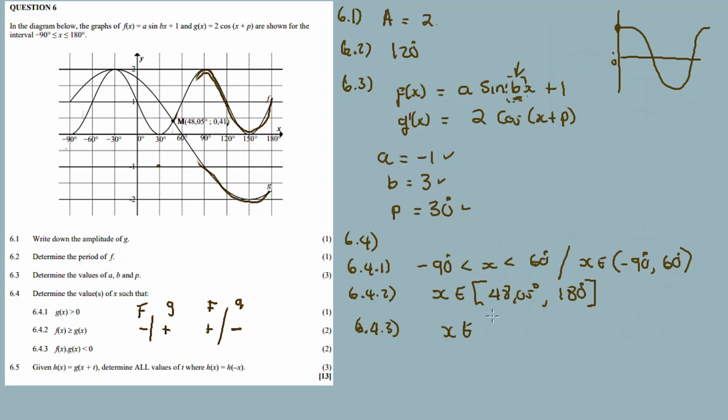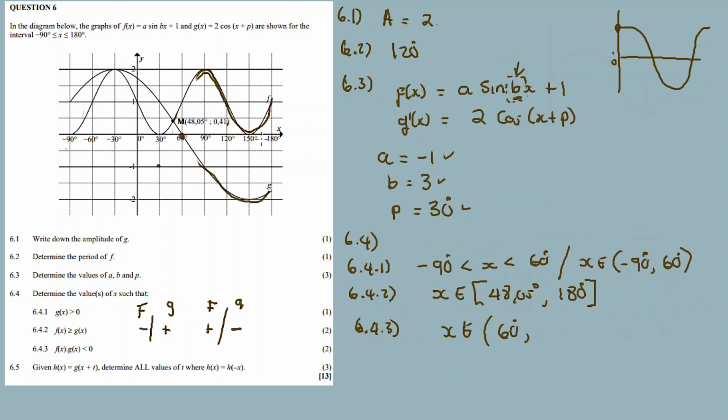So x is an element of 60 degrees excluded, we exclude 60 degrees, because you can see that whenever x is 60 degrees, g is 0, right? And once g is 0, g times a number, 0 times a number is 0, and 0 is not less than 0, so we exclude 60 degrees.